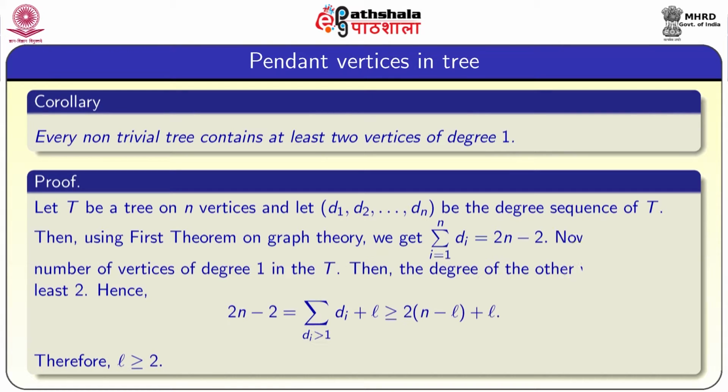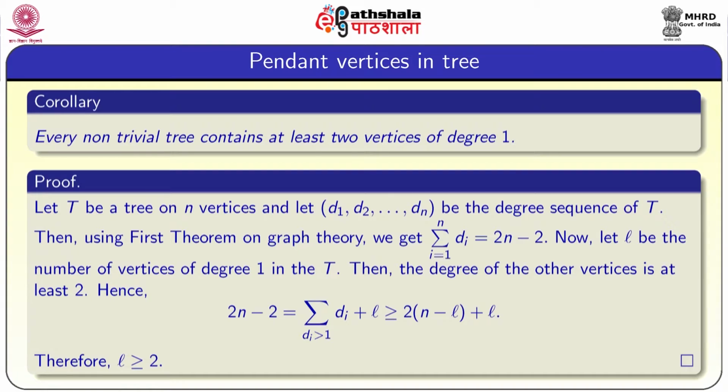Now let L be the number of vertices of degree 1 in T, then the degree of other vertices is at least 2. So 2n minus 2 is equal to the sum over all vertices of degree greater than 1 of di, plus L, which is greater than or equal to 2 times n minus L, plus L. So therefore we get L is greater than or equal to 2.